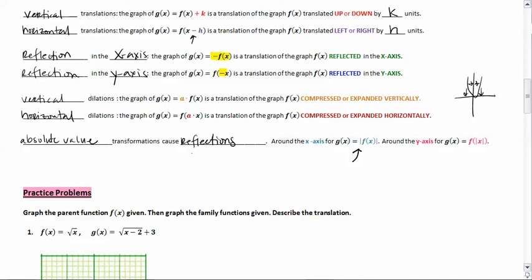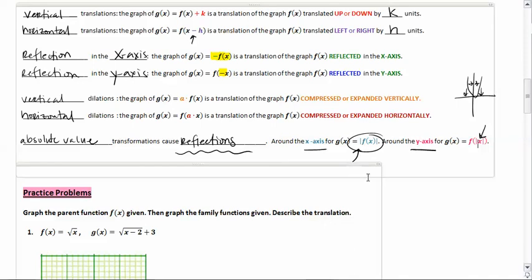What this does is cause reflections. You can cause a reflection around the x-axis if you take the absolute value of the entire function. You cause a reflection around the y-axis if you take an absolute value of just the x within the function. So f of the absolute value of x causes a reflection of the y-axis. Absolute value of f of x causes reflection around the x-axis.